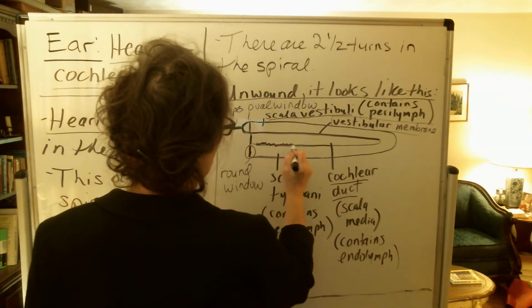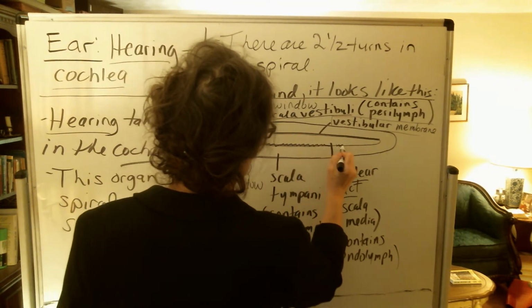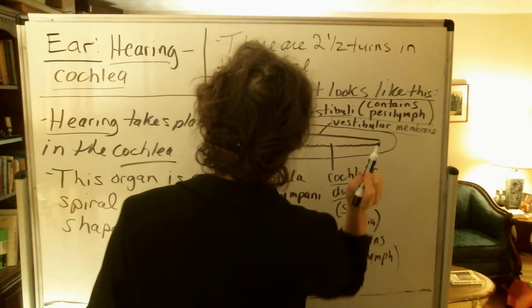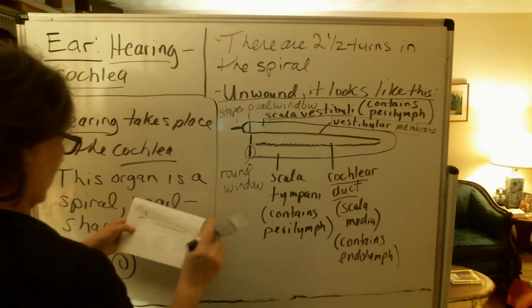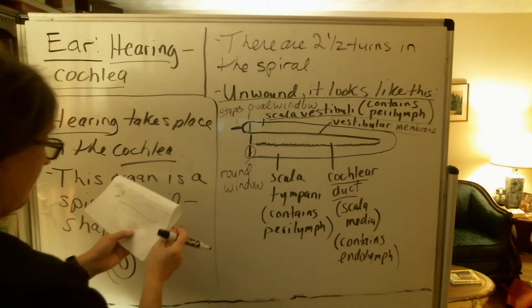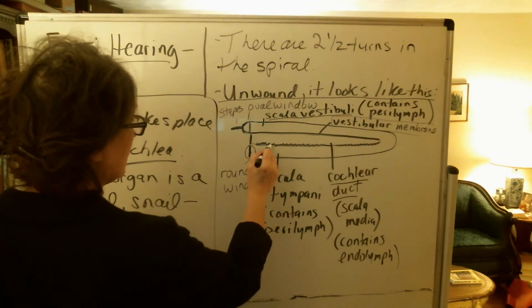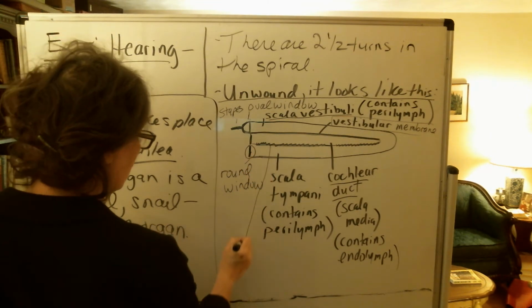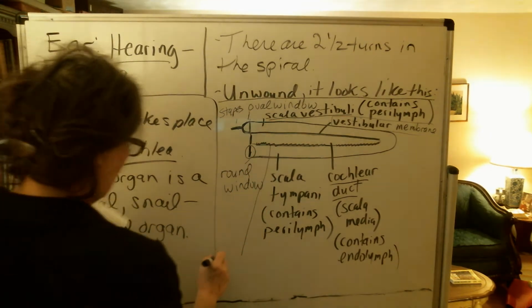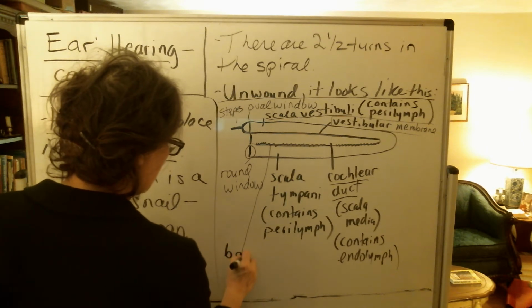This membrane here is a very important membrane. This membrane here is the basilar membrane.